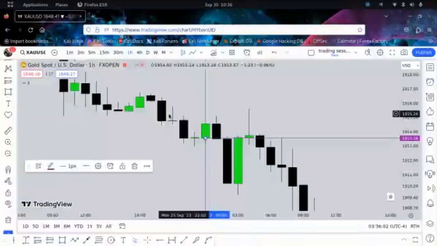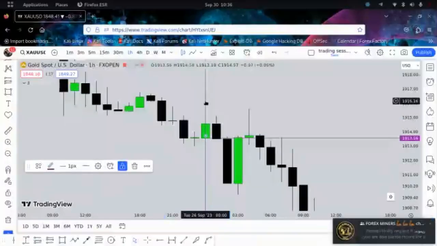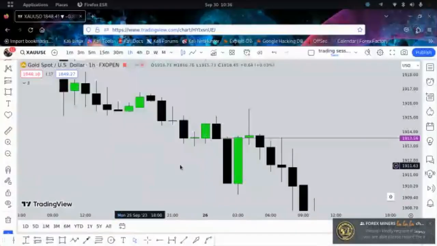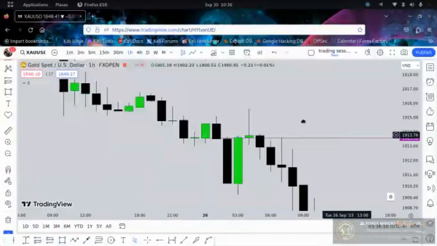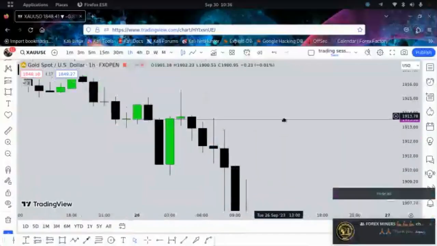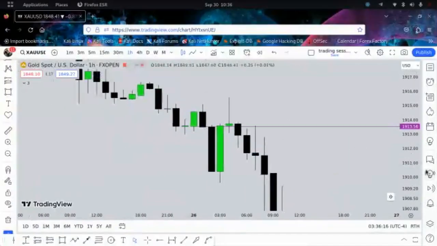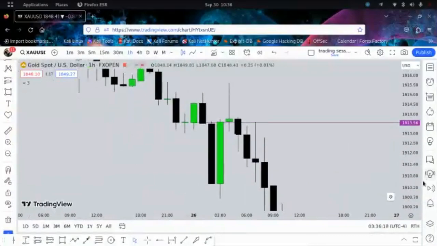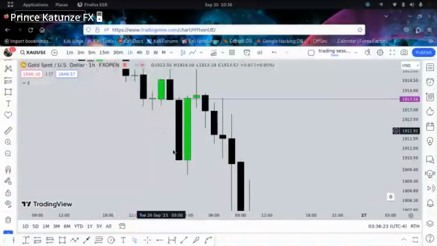Then once you mark your New York midnight open price, remember you can use the PD arrays on the H1. And again, there is something special about gold.